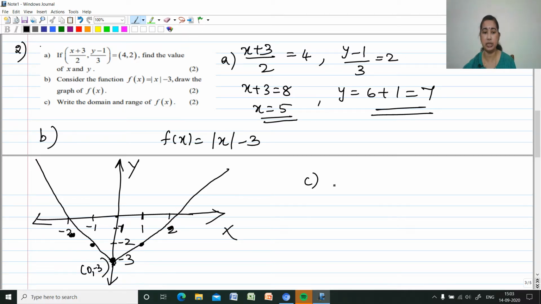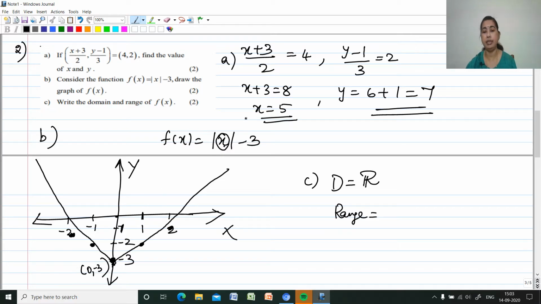The third sub-question is to find the domain and range. Here, for x we can substitute any values, positive or negative or fractions or decimals, any real numbers. So the domain will be the set of real numbers. What about the range?